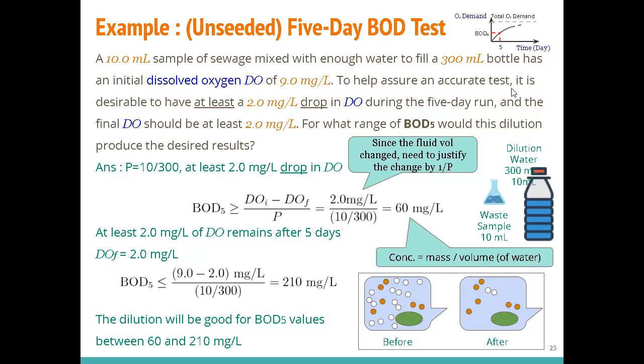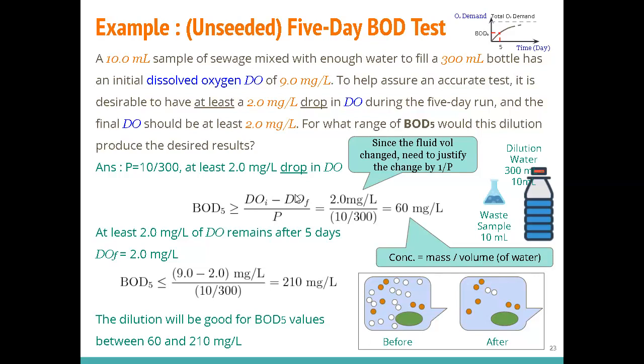To help assure an accurate test, it is desirable to have at least a 2 milligram per liter drop in the dissolved oxygen. So you need the dissolved oxygen to drop at least 2, because if you do a measurement, sometimes there will be uncertainties for your equipment. And you don't want the measurement to be too small.